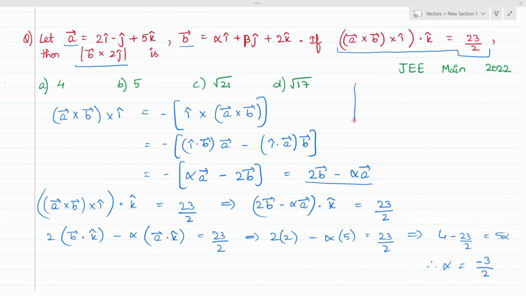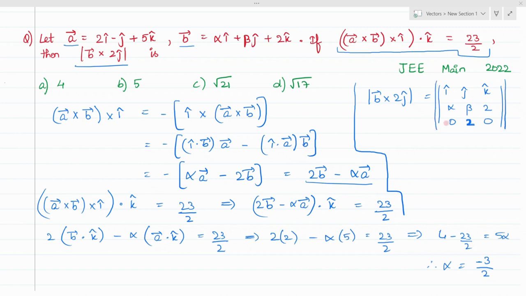But here we need to find the value of magnitude of B cross 2 j cap. Right. So it becomes i, j, k. B is alpha, beta, 2, and j is 0, 2, 0. And its magnitude.